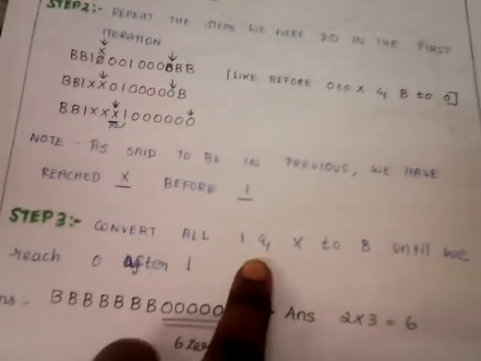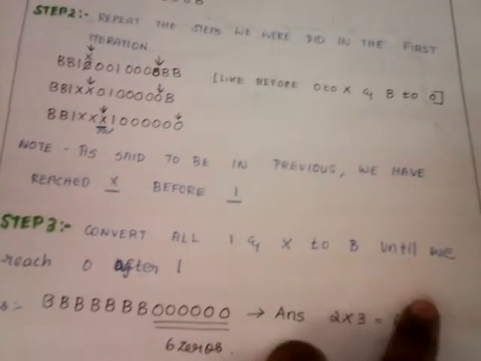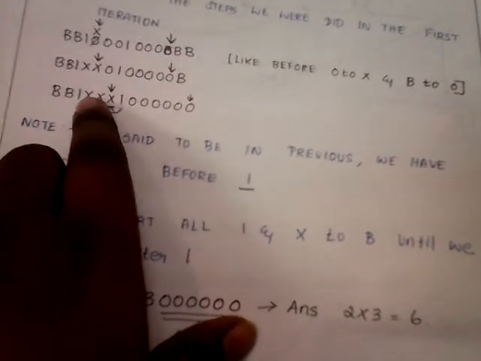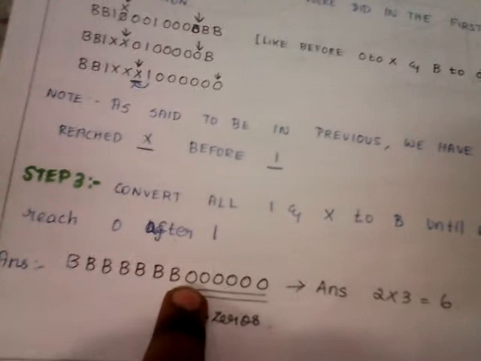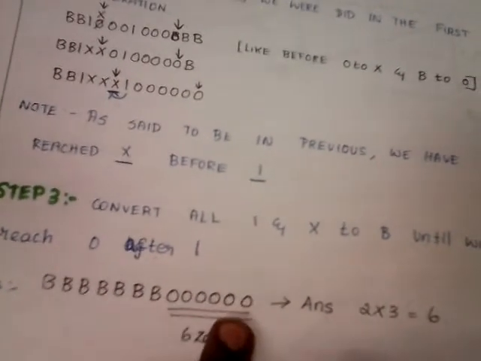Yes, we have now reached the x before 1, as we said previously. Convert all 1 and x to b until we reach the 0 after 1. So we convert all of these to blank symbols, and we finally get these zeros.